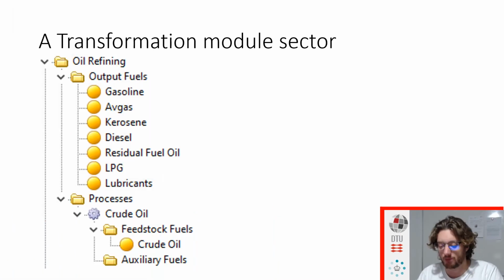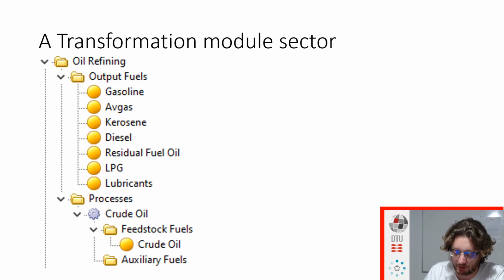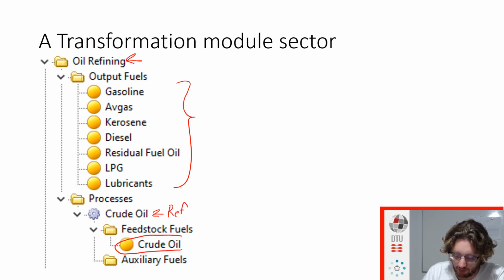Now we can also have more than one output fuel from one sector. So for instance, quite often in something like the oil refining sector, we'll find we have a lot of oil products coming from the same, now they call it just the process of the crude oil, but this is really a refinery for crude oil, and it only has one feedstock fuel, but it leads to a lot of different oil products.